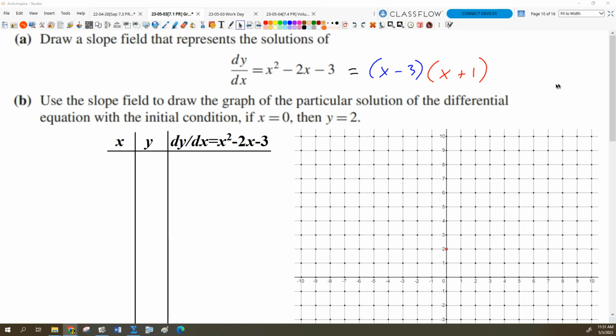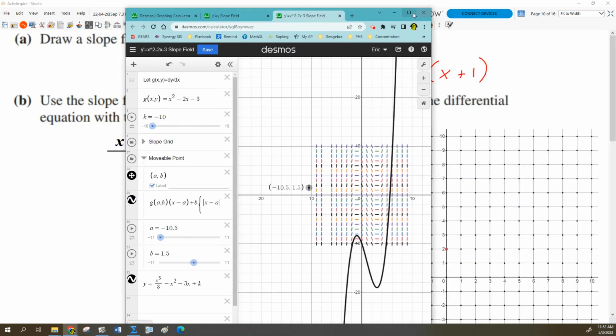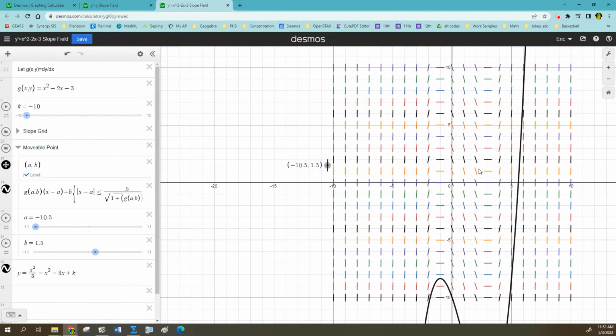Well, our slope field should reflect that. We should get negative slopes between the zeros and positive slopes outside of the zeros, which we do. Look at that. Negative slopes between negative 1 and positive 3, and everywhere else I have positive slopes.